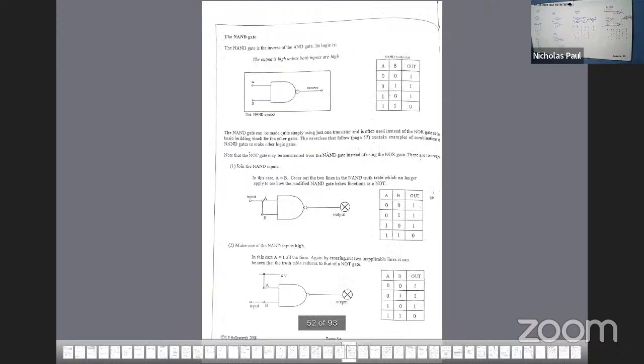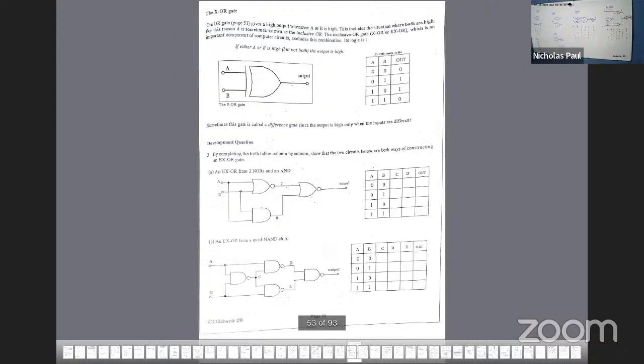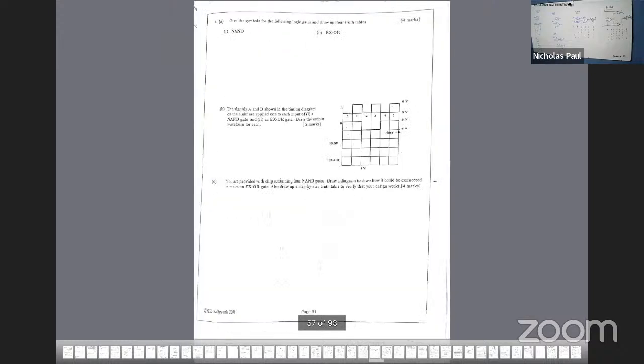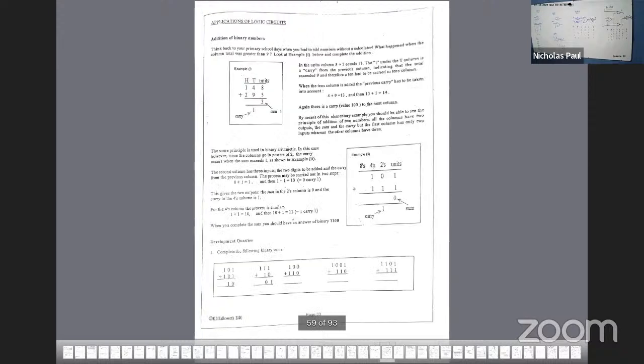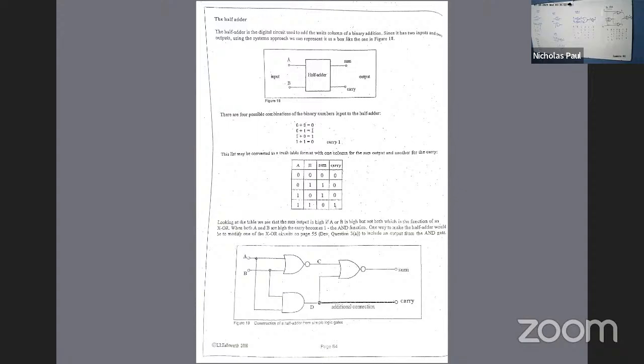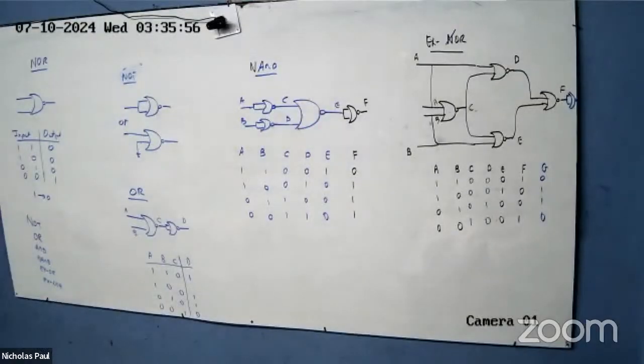Two minutes, and then I'll just get to binary addition. I'll just put in those two.